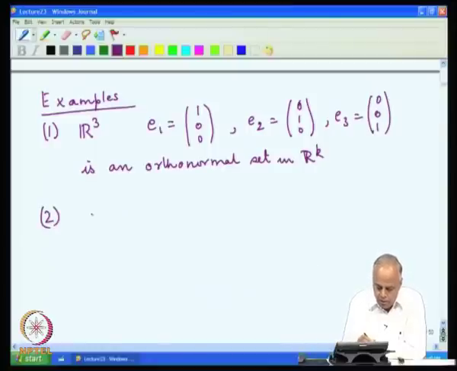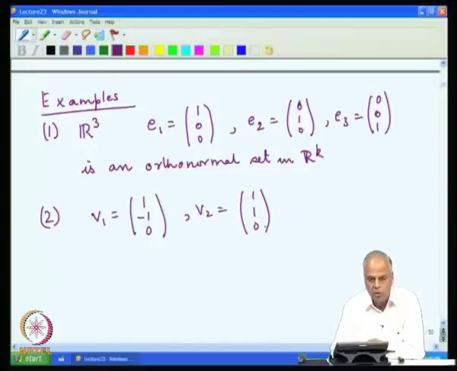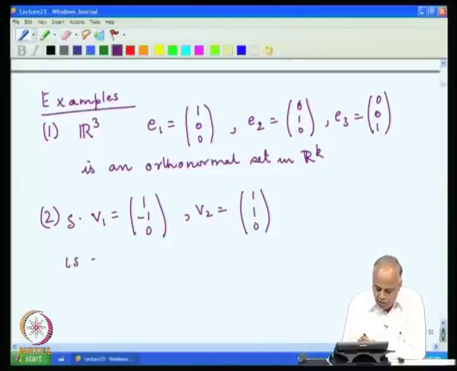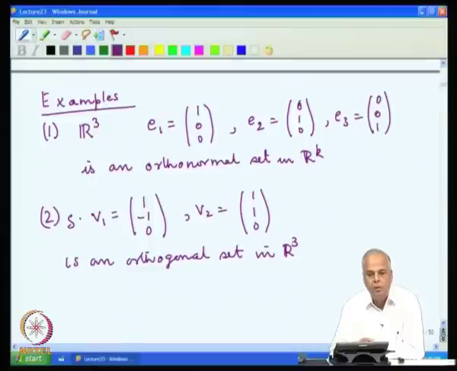Notice that the vectors v_1 equal to (1, -1, 0) and v_2 equal to (1, 1, 0) form an orthogonal set in R^3, because the two vectors are orthogonal to each other, but it is not an orthonormal set, because the normalization of length being 1 is not satisfied.